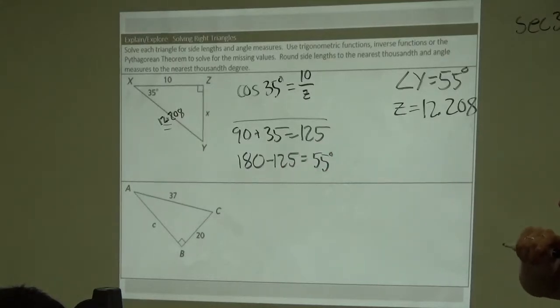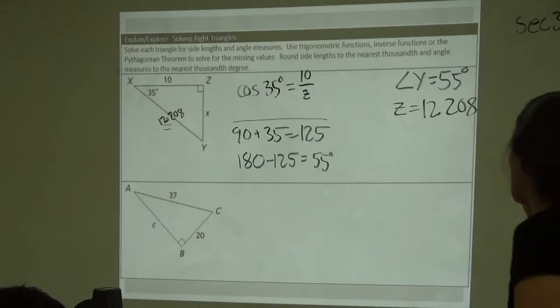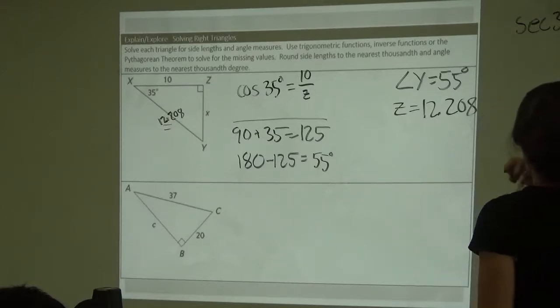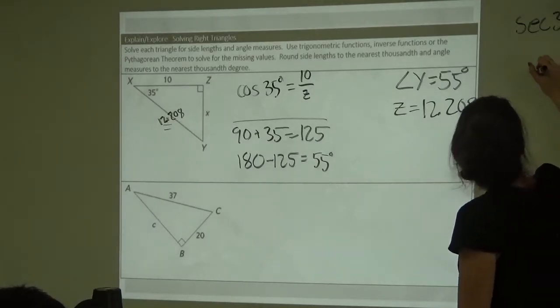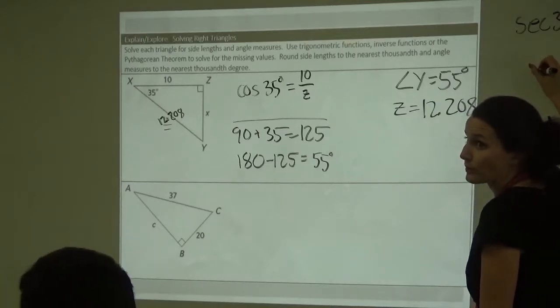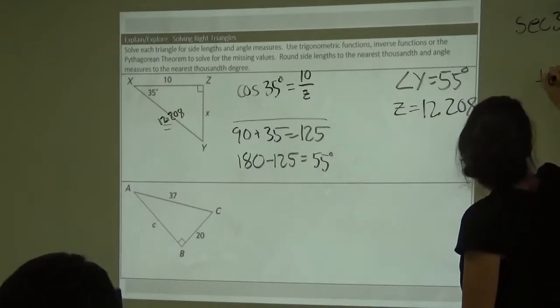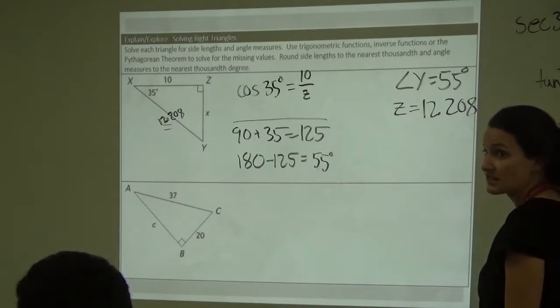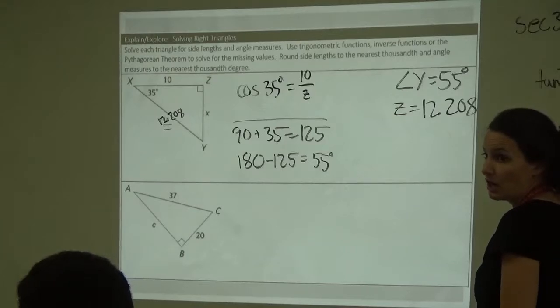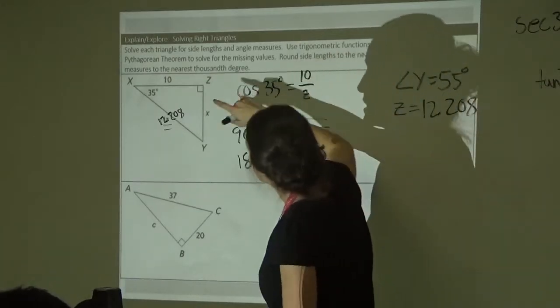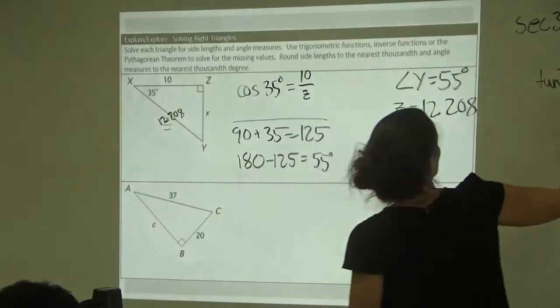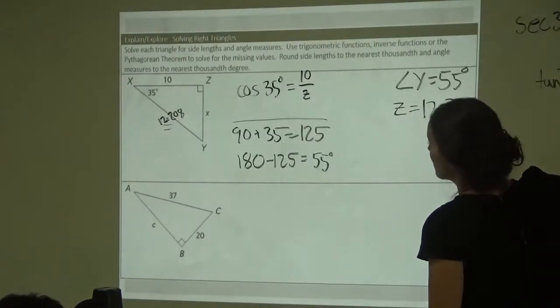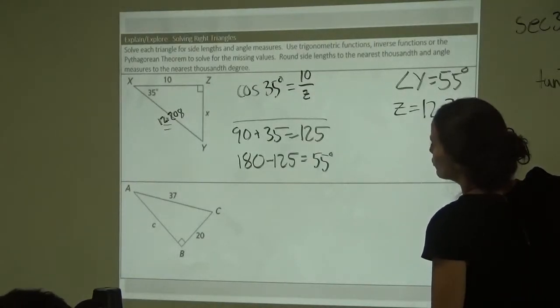Since you already found z, you can do opposite over hypotenuse, which is sine, and find the angle. Yeah, not tangent. What are we going to use? Inverse sine. You would need to recognize that this is totally valid. Inverse tangent of the opposite 10 over the adjacent?